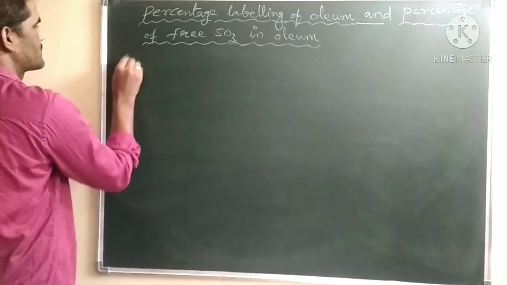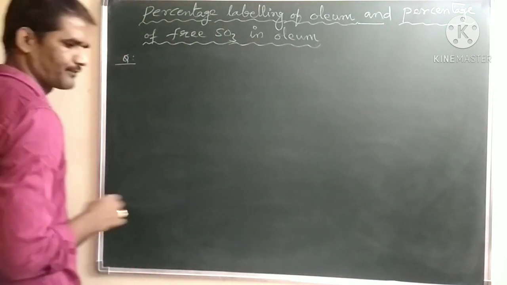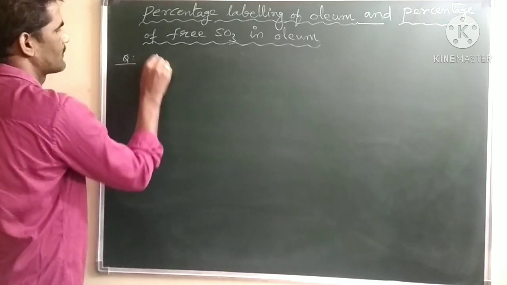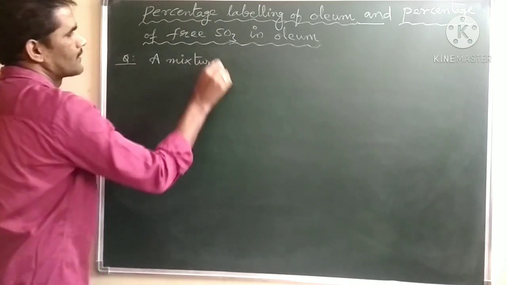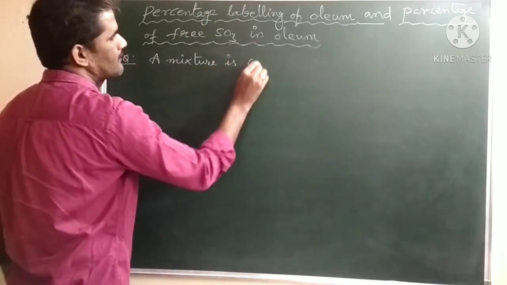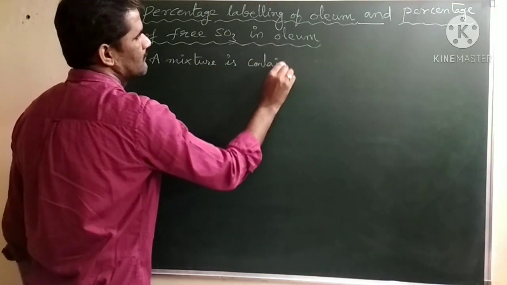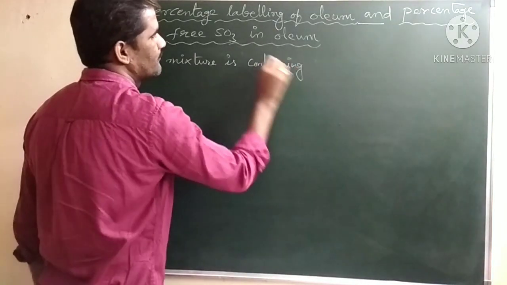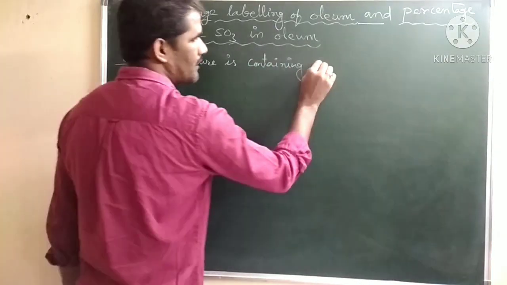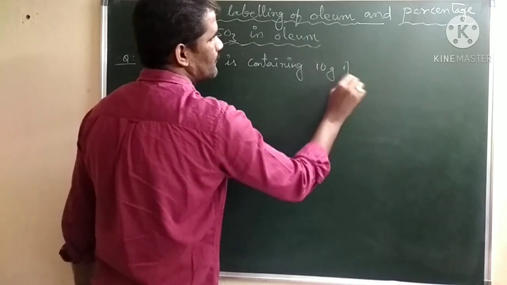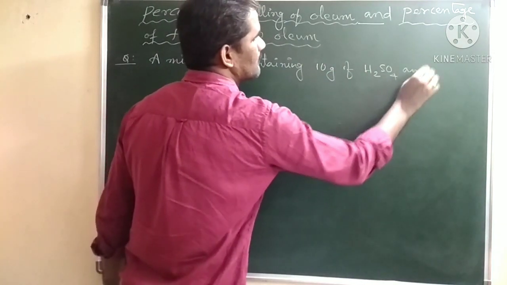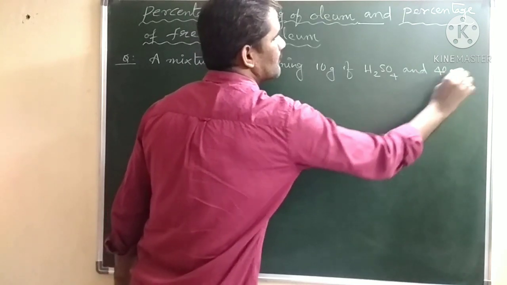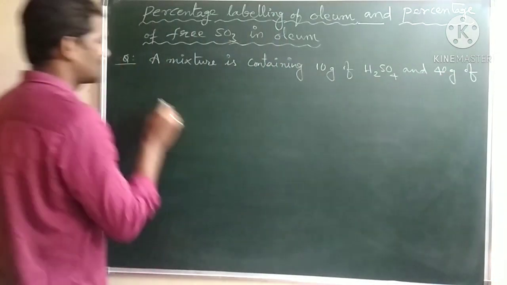Let me take some questions here. A mixture is containing 10 grams of H2SO4 and 40 grams of SO3.